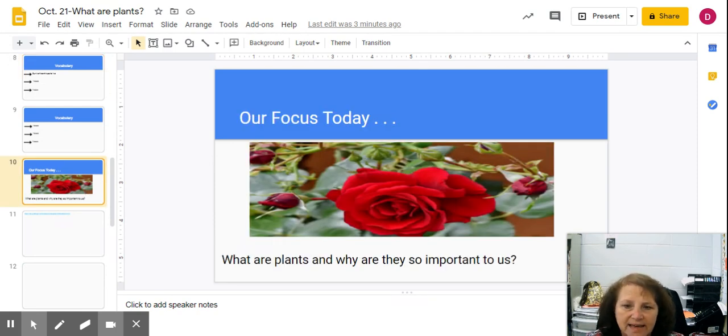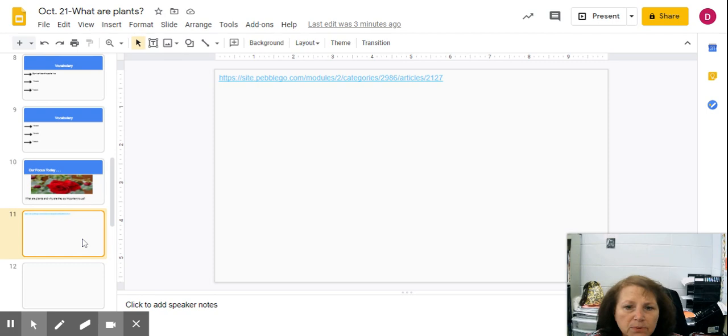Our focus today: what are plants and why are they so important to us? Well, there's a PebbleGo article that I want you to read, and it's "What Are Plants?" It gives you lots of information: what they are, what they provide for us, what they do.